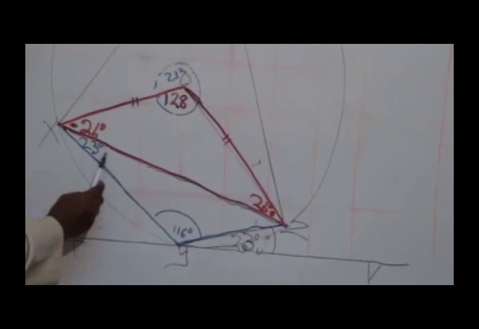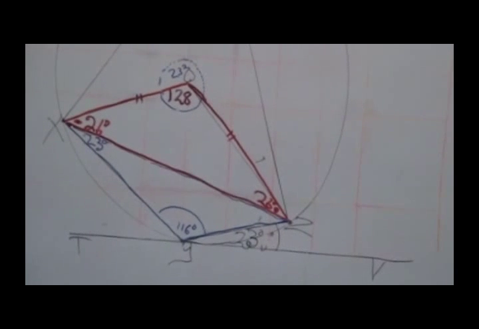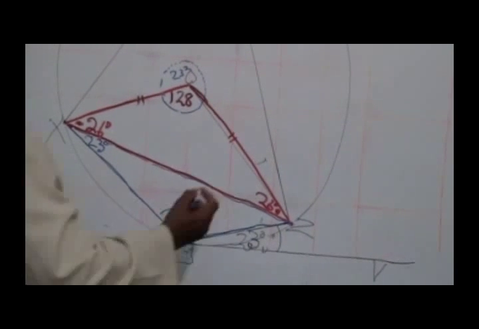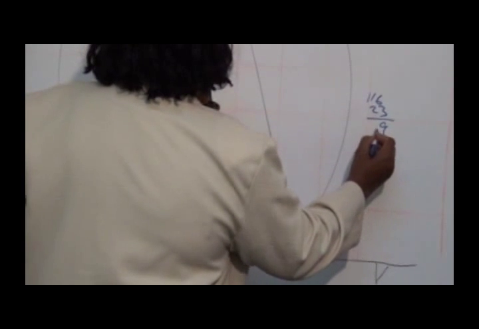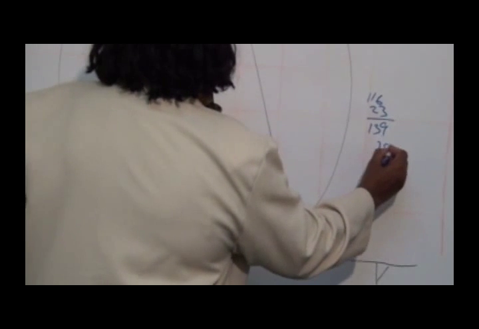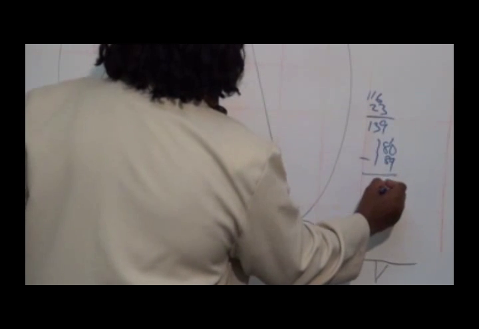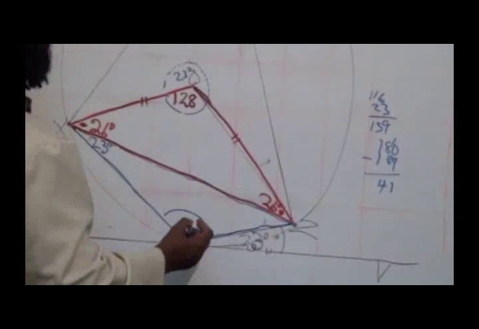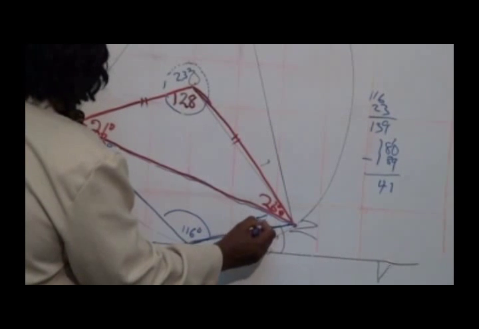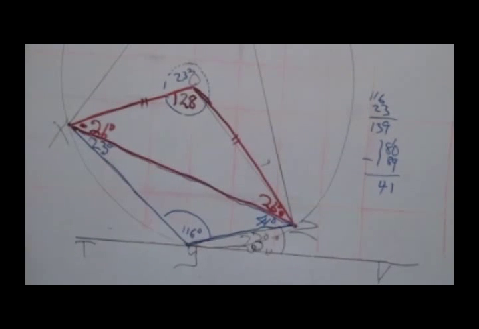So we can add 23 and 116, and then take it from 180. 116 and 23 is 139. 180 minus 139 is 41. So this angle here is equal to 41 degrees. Okay, so we can get that.